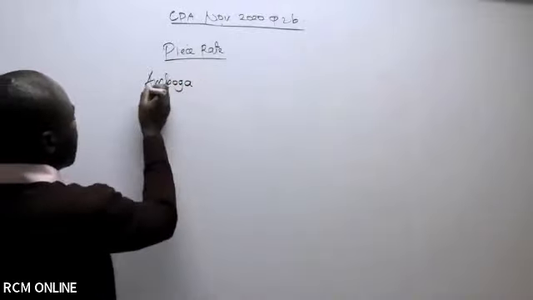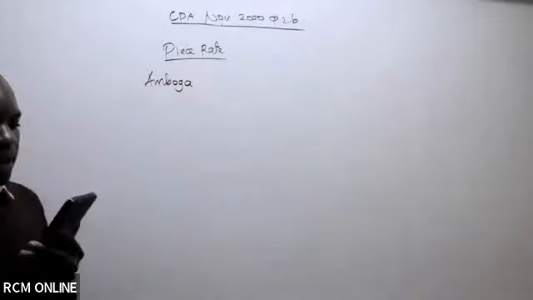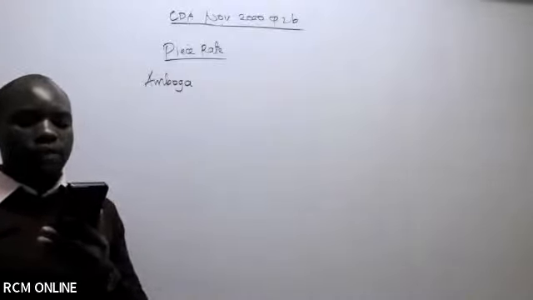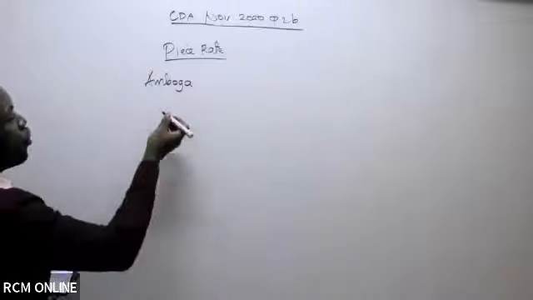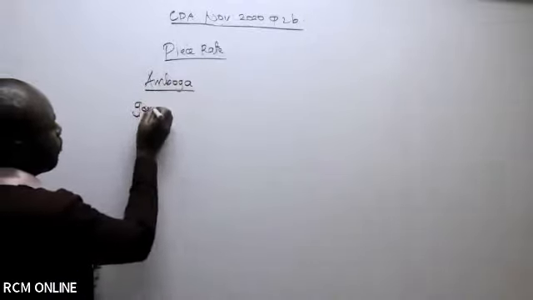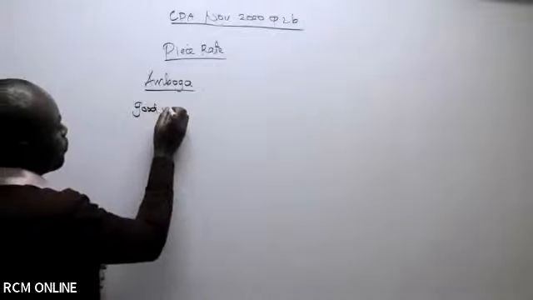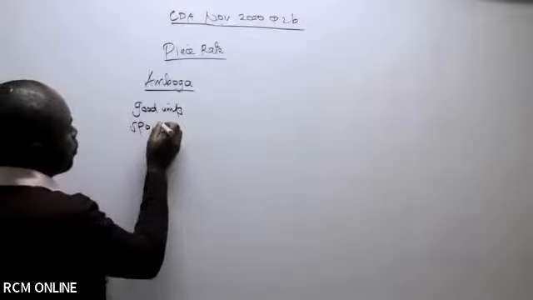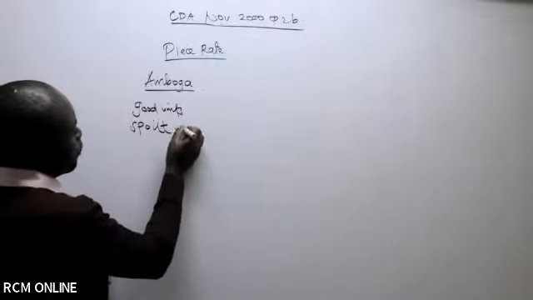What is the examiner telling us here? The examiner has said, under piece rate, the company pays its casual workers 25 shillings for every good unit. So Amboga will be paid for the good units, then we have spoiled units.